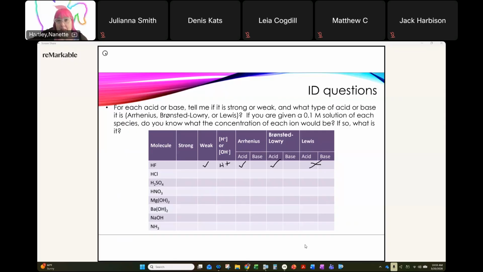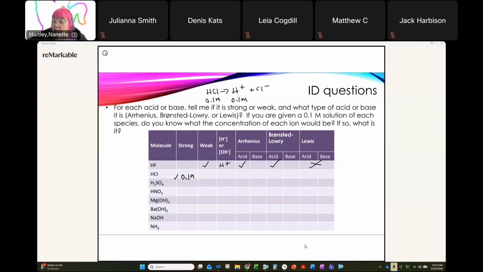When I talk about HCl, it is a strong acid. And because it's a strong acid, I know what the concentration of all of these are, and that's 0.1 molar. So the expectation is that if HCl goes into solution, I only get H plus and Cl minus out of this. So there is no HCl left. So anything that was here, if this was 0.1 molar, has now been converted.